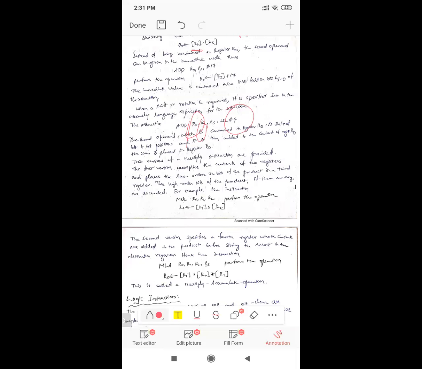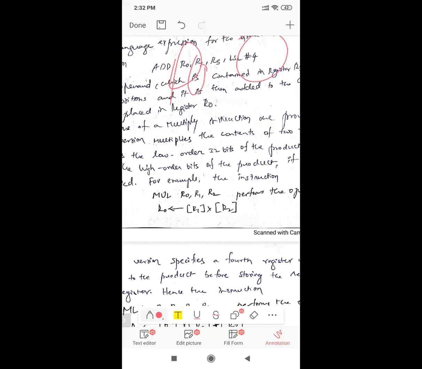So in a mul instruction, mul R0, R1, R2, the R1 register data is just 4 and the R2 register data is just 2. Both are multiplied, and the 8 will be stored in register R0.